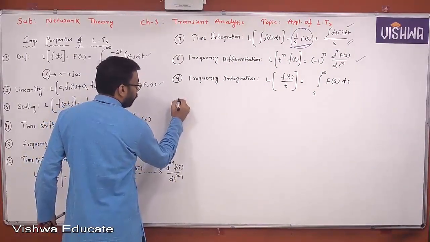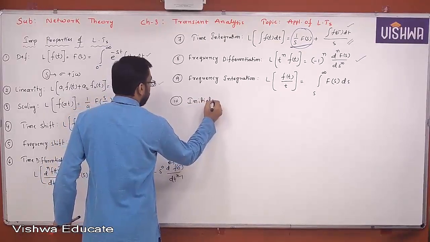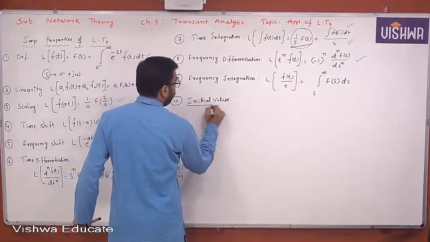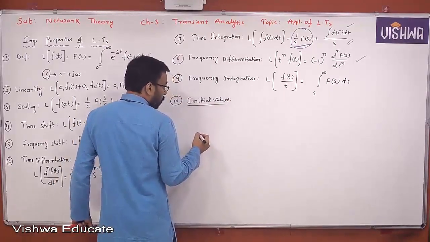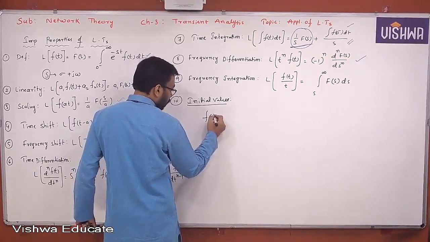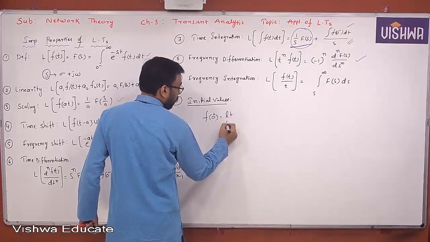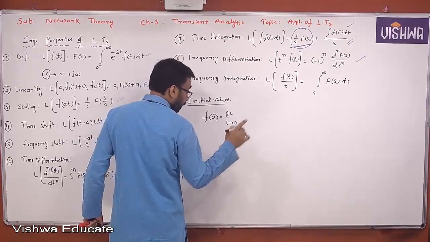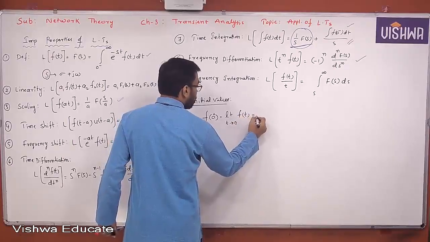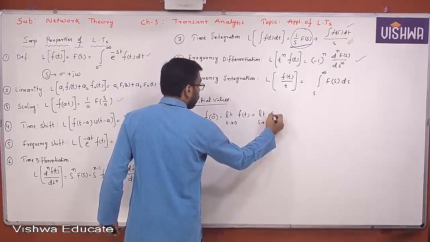Initial value theorem, initial value and final value. What is the initial value? f of 0 plus is equal to limit t tends to 0 f of t, or else limit s tends to infinity s into f of s.